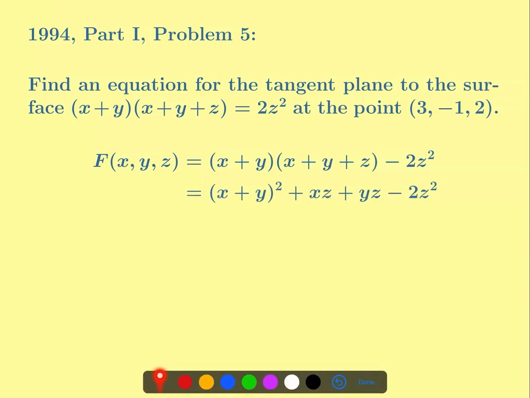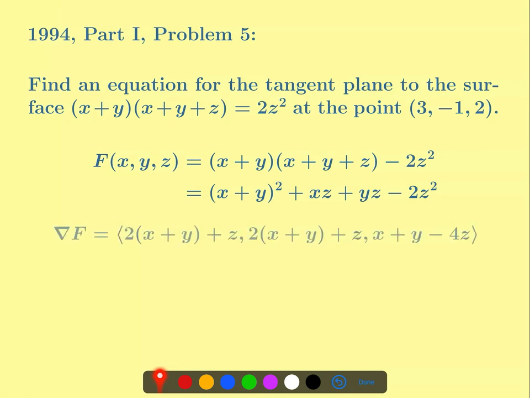Let me simplify, because we need derivatives, and I'm going to do x plus y times x plus y, which is x plus y squared, and then I have x plus y times z, which gives me xz plus yz, then minus 2z squared. I wrote it like this because it'll make it easier to take the derivative. The derivative of x plus y squared will just give me twice x plus y, and so on. So I think it's a little bit easier to take derivatives this way.